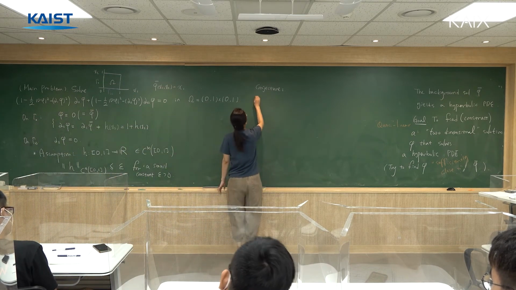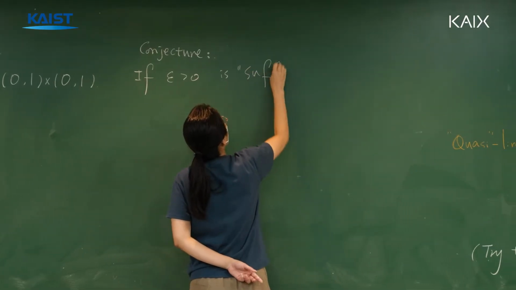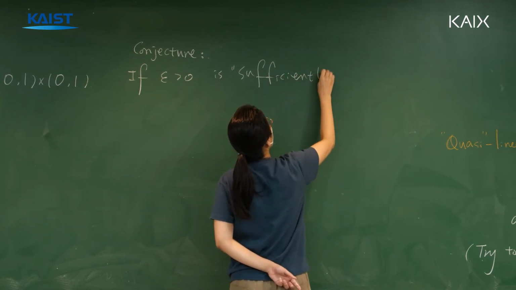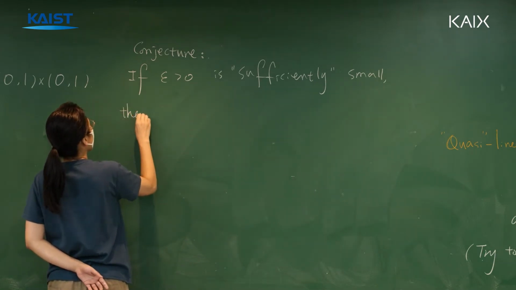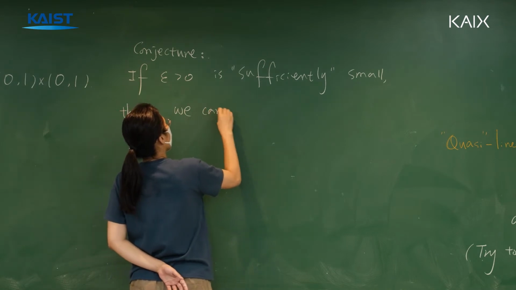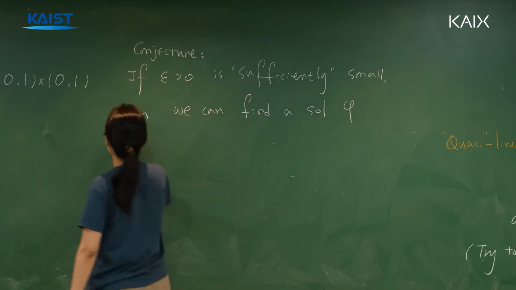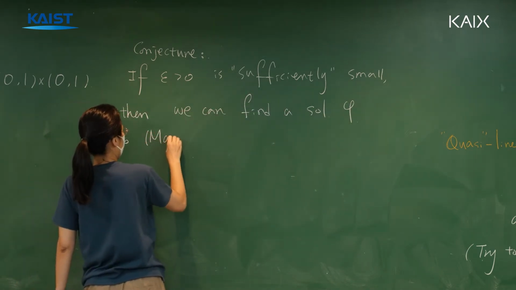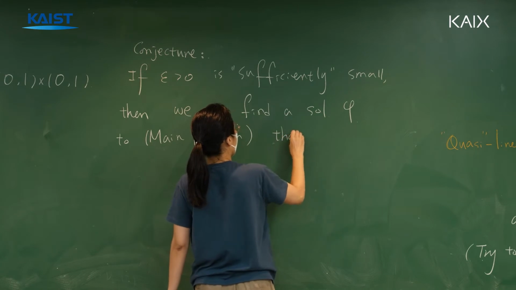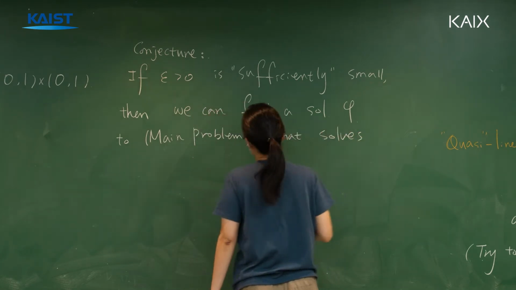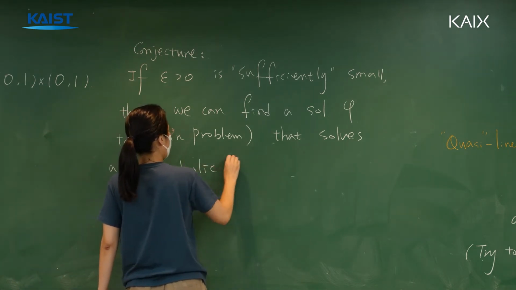So the conjecture is that if epsilon is sufficiently small, then we can find a solution phi to our main problem that solves a hyperbolic PDE.